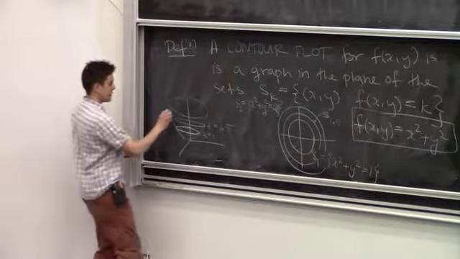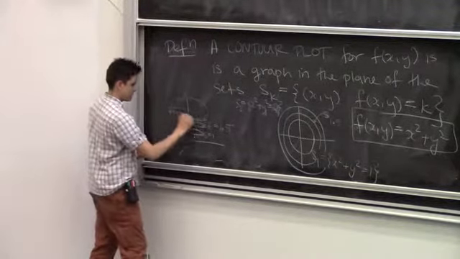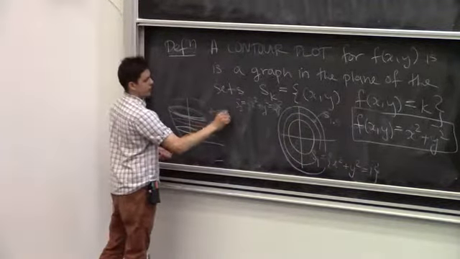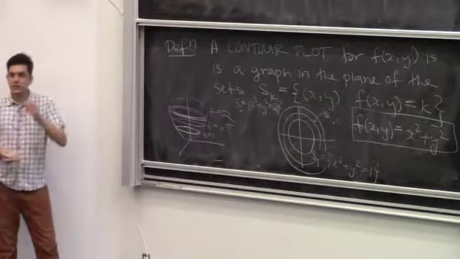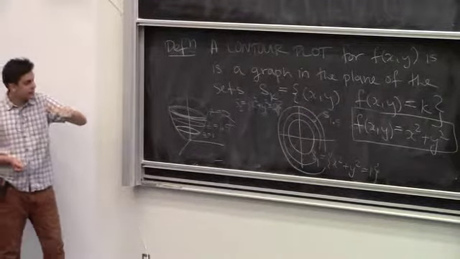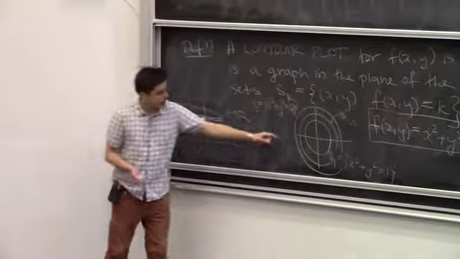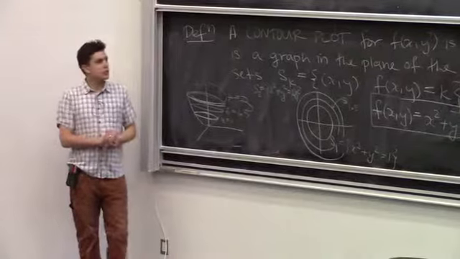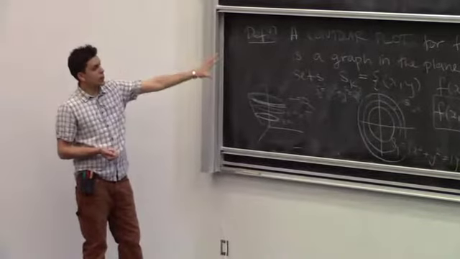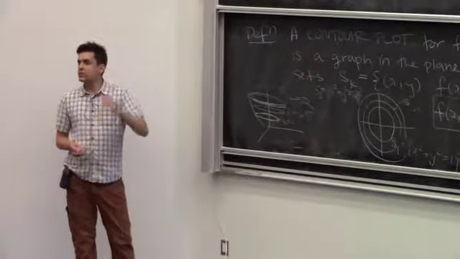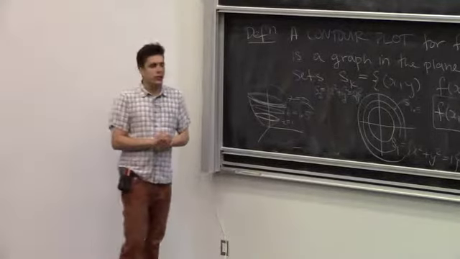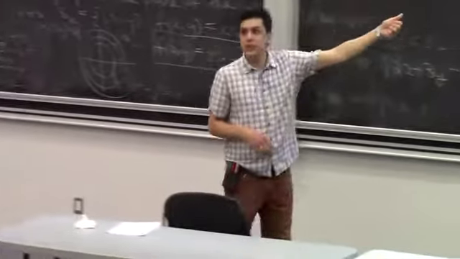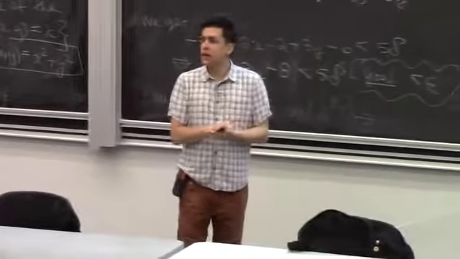And when we cut along z is equal to 2, we get here. Okay, so these S_k correspond to the x and y input that give you something on that plane. Okay, so that's a little bit about what contour plots are, and there's a lot of practice on homework 2. Okay, so next lecture we'll pick back up with this limits business and contour plots.